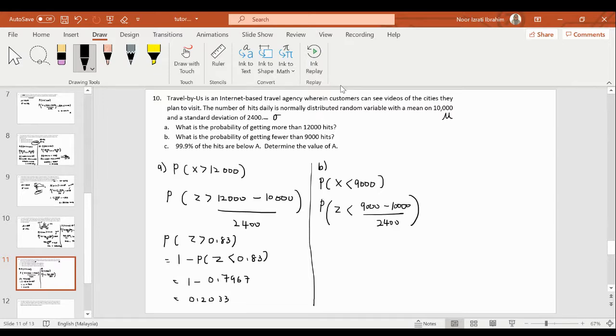This will give us the probability of z less than negative 0.42.